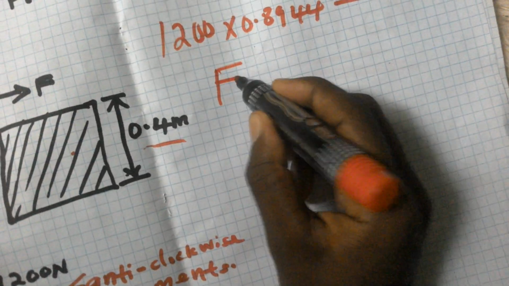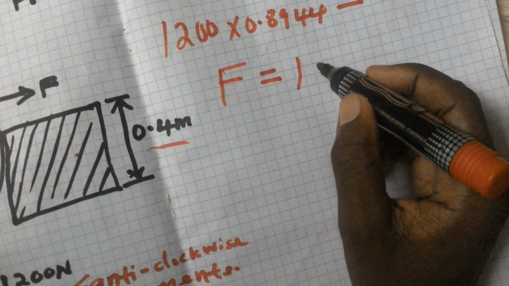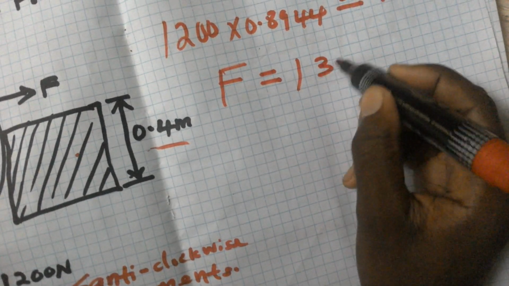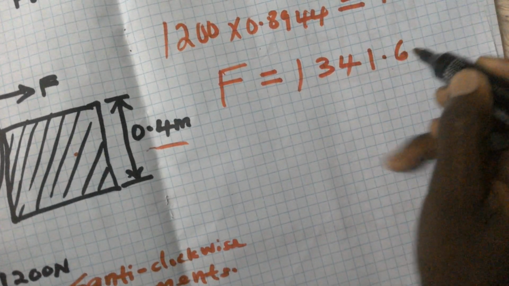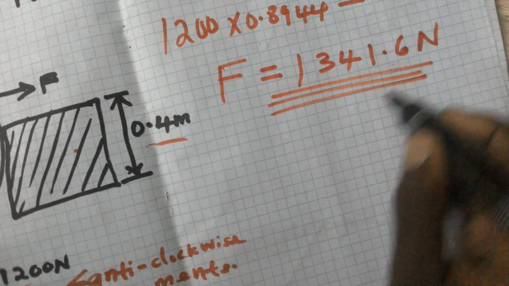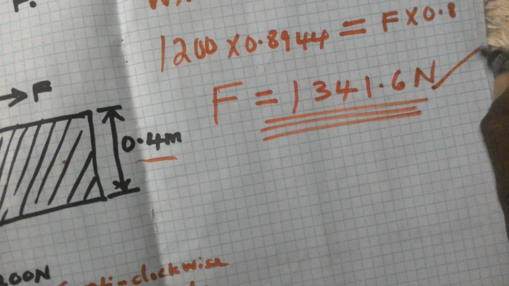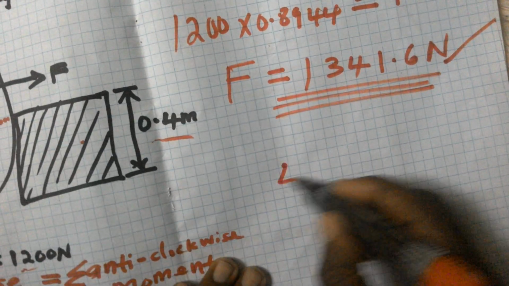So your F, if you substitute, should be 1341.6 Newton, and that is a tick. So this question can go up to 4 marks.